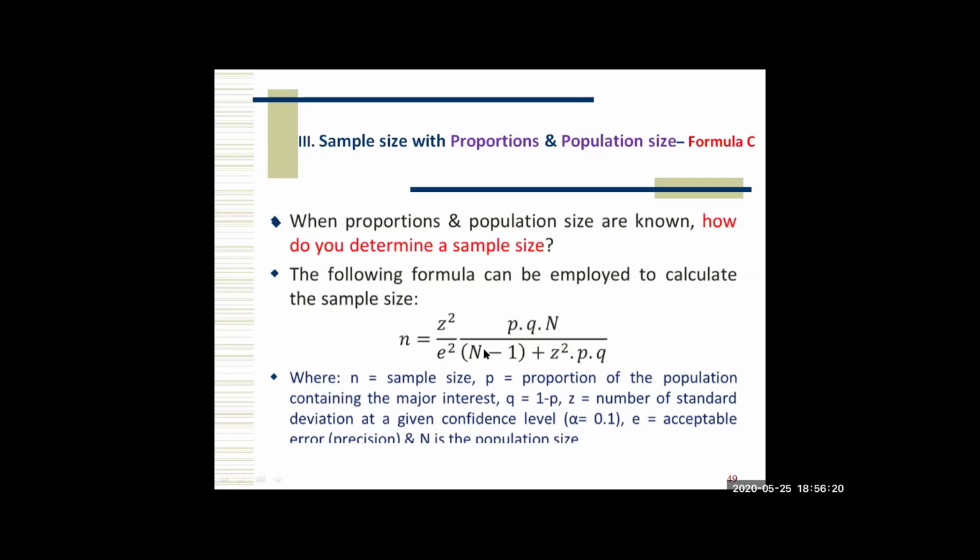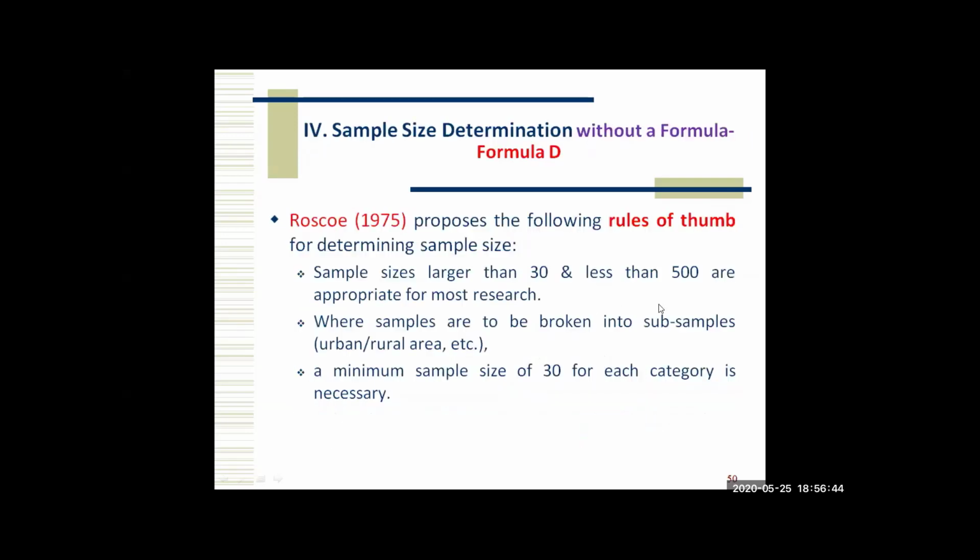Capital N is the total number of the population. P is probability. And if you also have the probability of proportion, P, Q, the sum of P plus Q is 1. If you also have those, you will use this formula, which might be applied for determining the sample from populations. And this is what we call formula C.